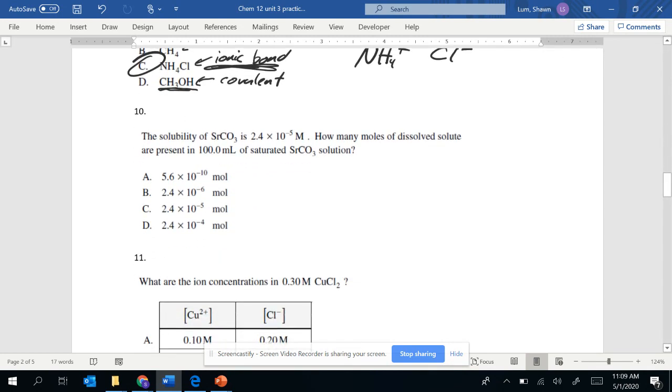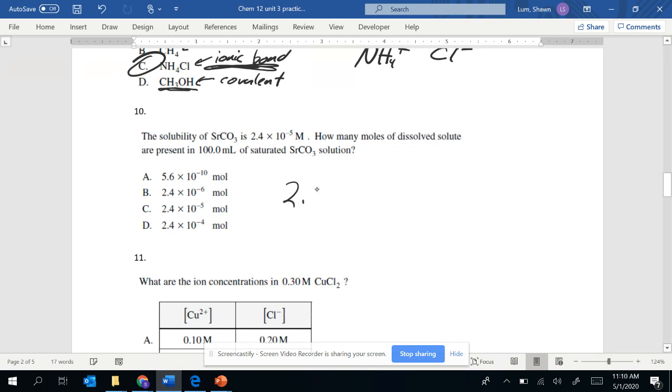The solubility of this thing is this. How many moles of dissolved solute are present in 100 mL of saturated SrCO3 solution? Well, this is a chemistry 11 kind of question, and we're just figuring out changing molarity into moles.